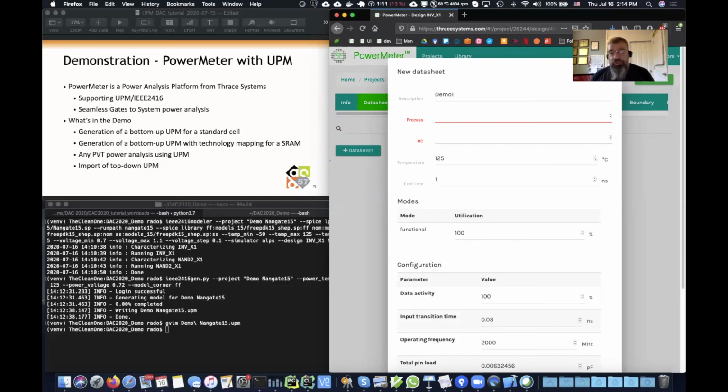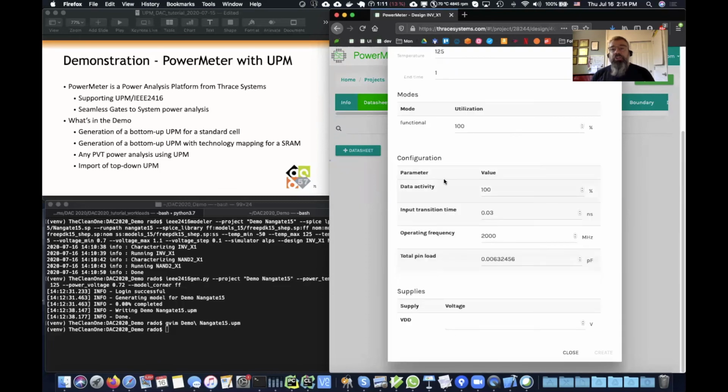So when defining process, if I say process of 1, typical RC, I'm going to look at 125C. I'm looking at a duration of 1 nanosecond, and I'm going to look at nominal voltage. Remember, we did not have a library for that corner to estimate power.